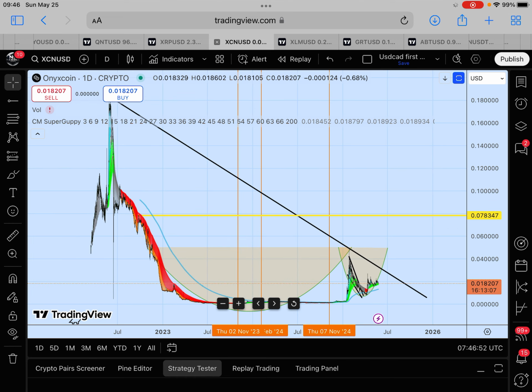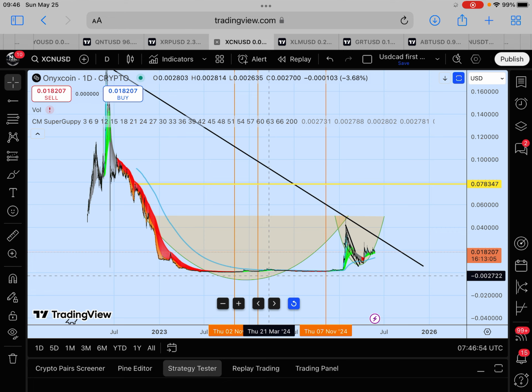I have put a bunch of money into XCN. I made these plays back here when we were going up around 250%, when everybody's investing in XRP, trying to get maybe 4x. That happened somewhere around this area.